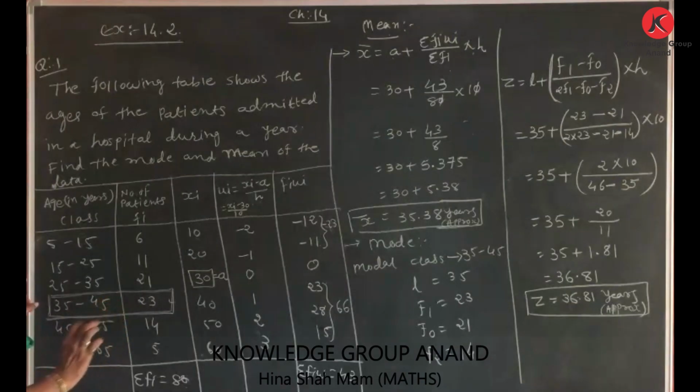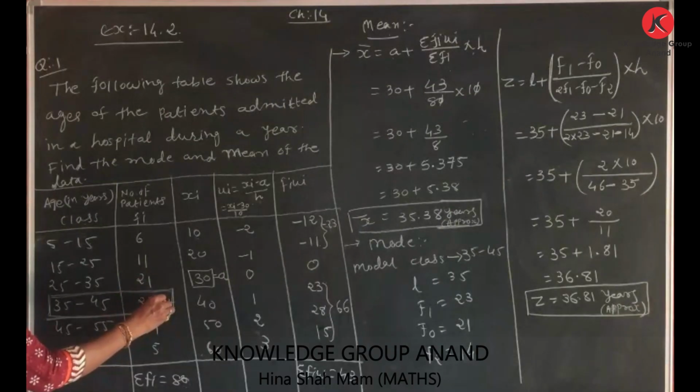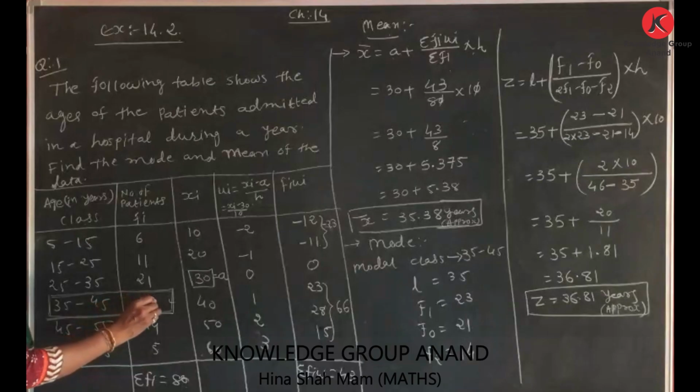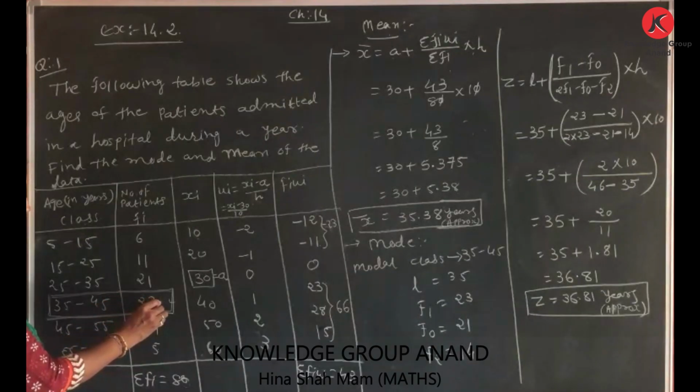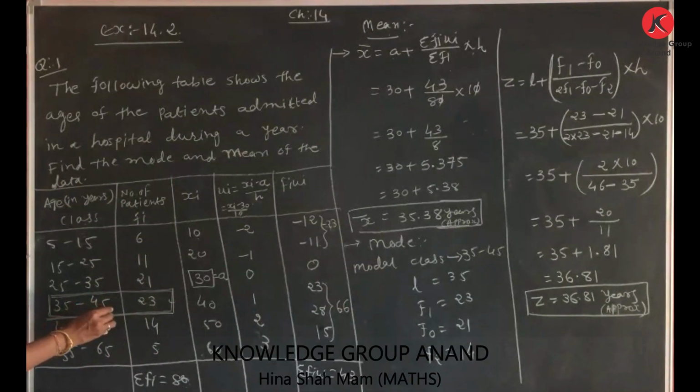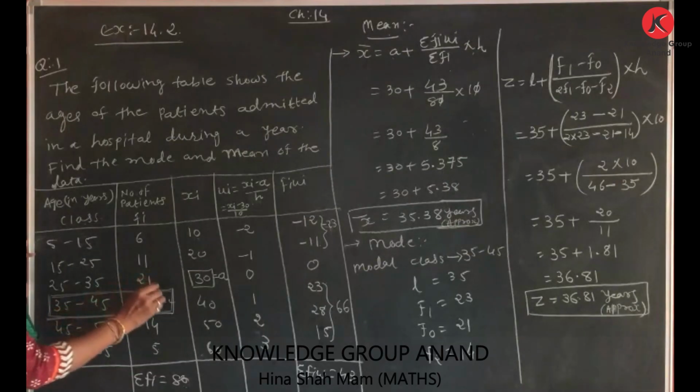First we find the modal class. The class whose frequency is maximum, highest, is called the modal class. 35 to 45, its frequency is 23. Therefore, our modal class is 35 to 45, lower limit 35.